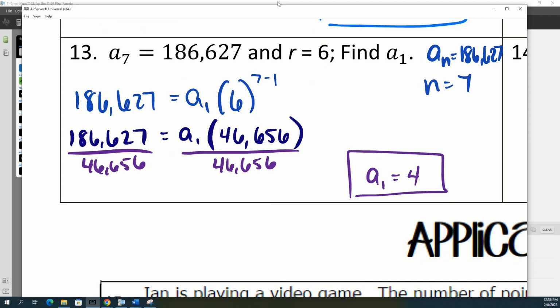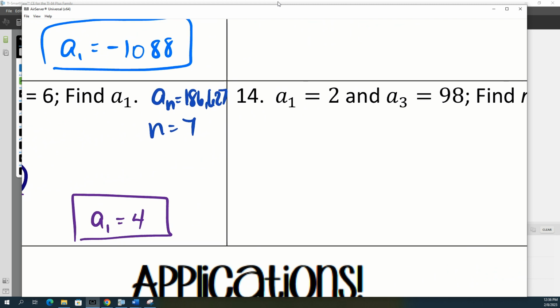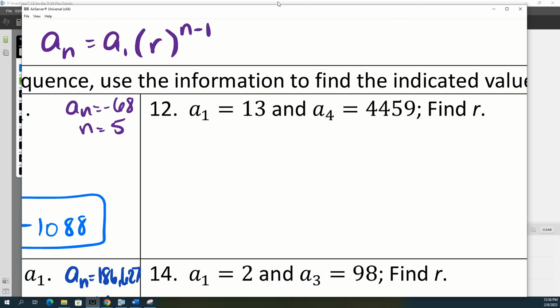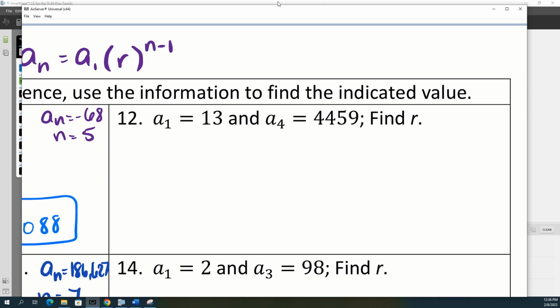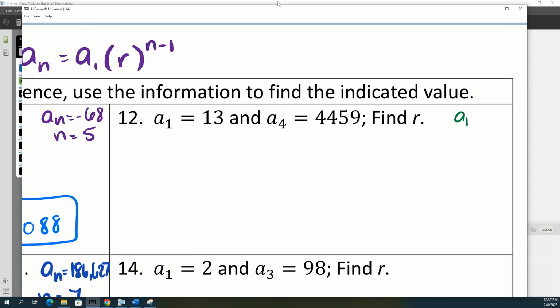All right, any questions? Okay, let's do a similar situation, but this time we're finding r. All right, so a sub n is going to be 4,459. n is going to be 4.